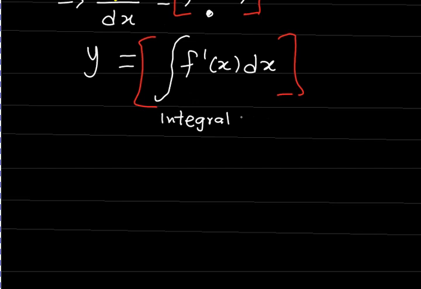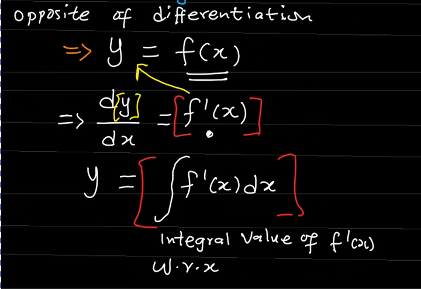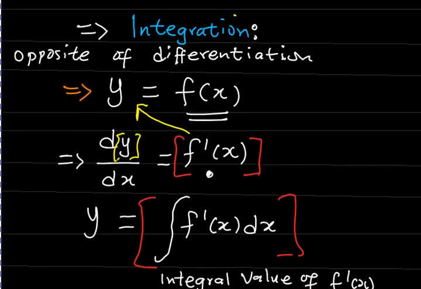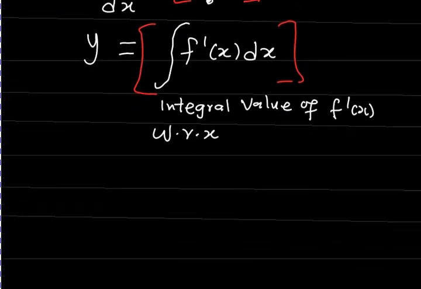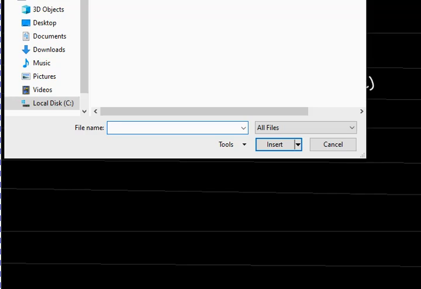The integral value of the function f prime of x with respect to x. So the same way we differentiate a particular variable with respect to another variable, the same is applicable to integration.